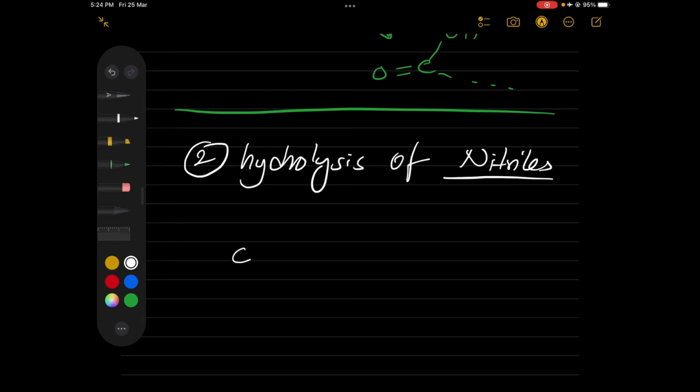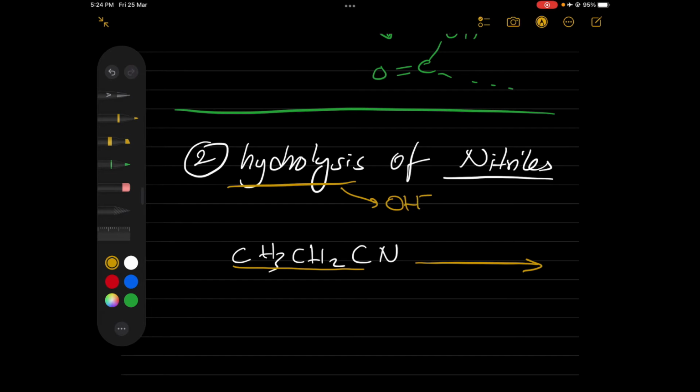For example, you have CH3CH2CN, a compound called propane nitrile. Once you carry out hydrolysis, which could be done by alkaline solution followed by acid, or by dilute acid such as dilute hydrochloric acid, you can change it to carboxylic acid.